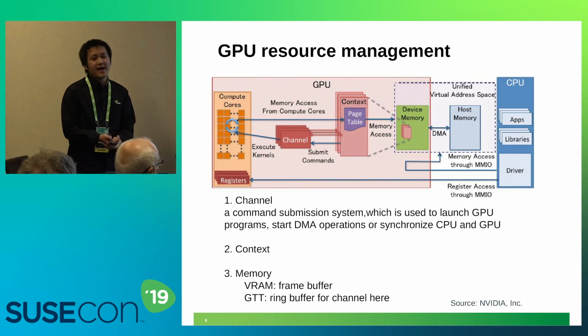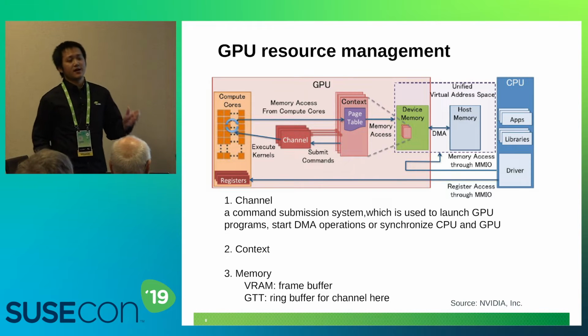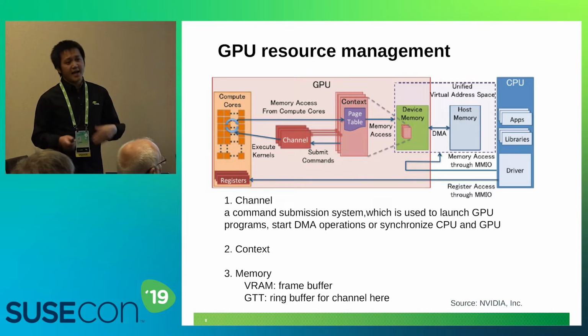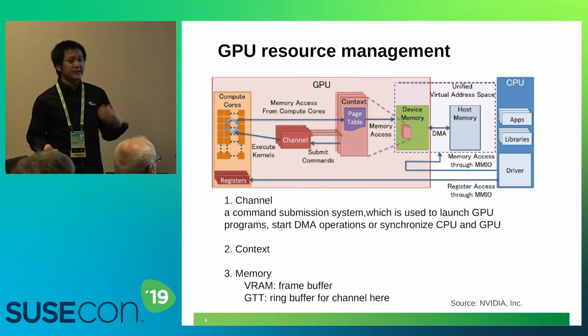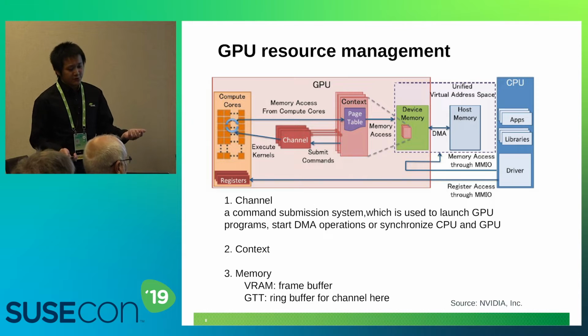It has a channel for communication. It also has the context switch idea, like the process context switch, because there are multiple tasks and you may run multiple things on one GPU, so there will be scheduling.